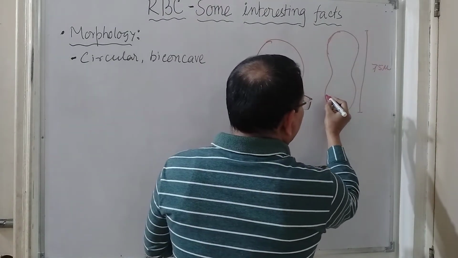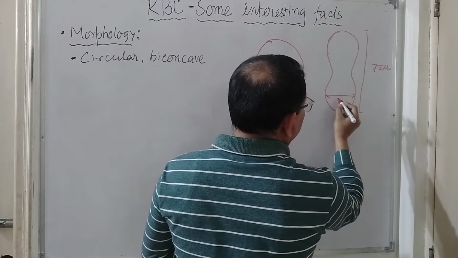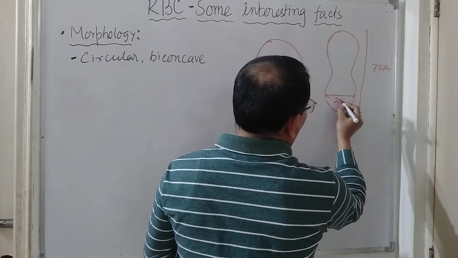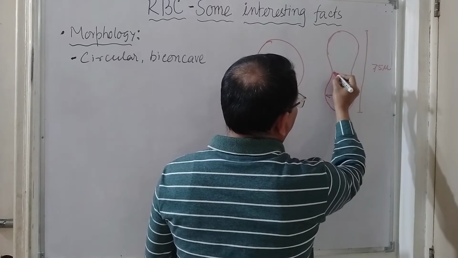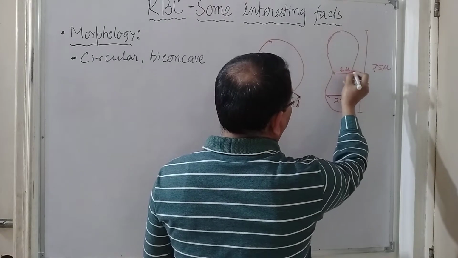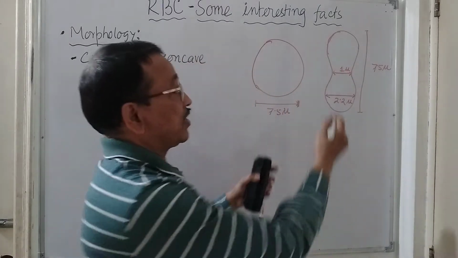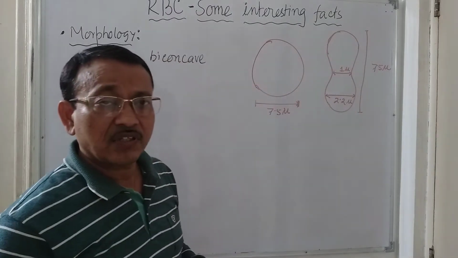The thickness of the peripheral part of the RBC is around 2.2 micron, whereas the central part of the RBC is around 1 micron. So the central part is thin and the peripheral part is thick.